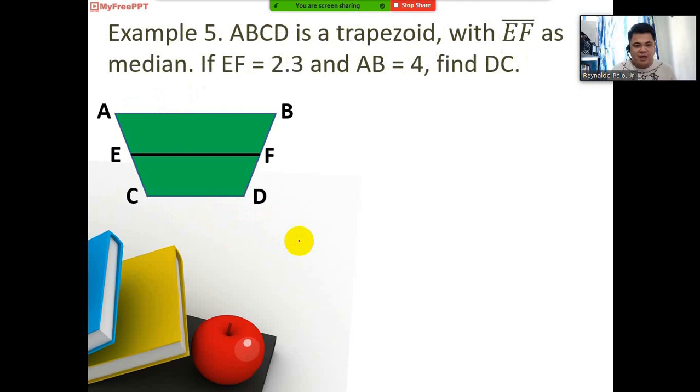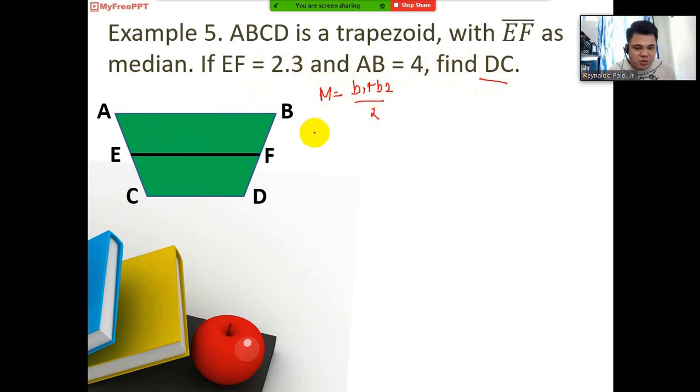How about if the given is this? Example 5. ABCD is a trapezoid with segment EF as median. If EF is 2.3 and AB is equal to 4, find DC. EF is your median, so the missing value is not the median, rather it's the base, which is segment DC. Write again the formula: median is equal to base 1 plus base 2 all over 2.